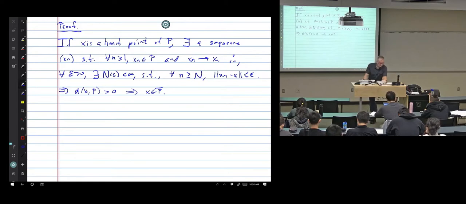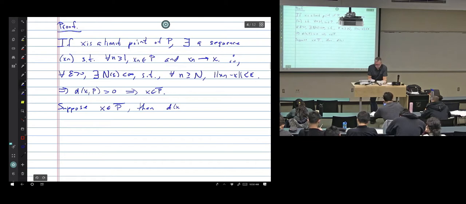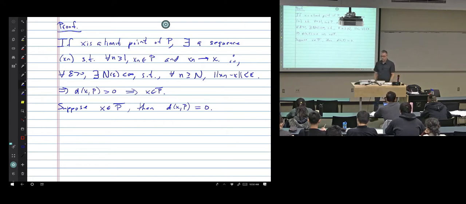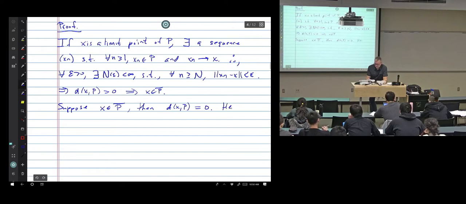Okay, let's go the other way around. Suppose x is in the closure of P. Then the distance from x to P is equal to 0. I want to construct a sequence. Hence, I'll take my epsilons of a special form.